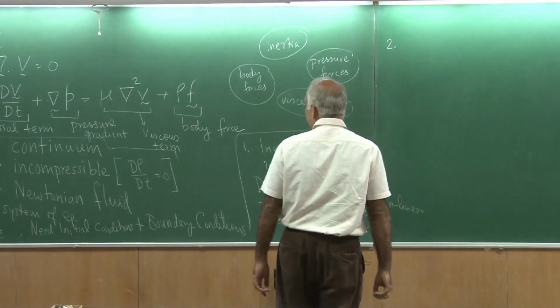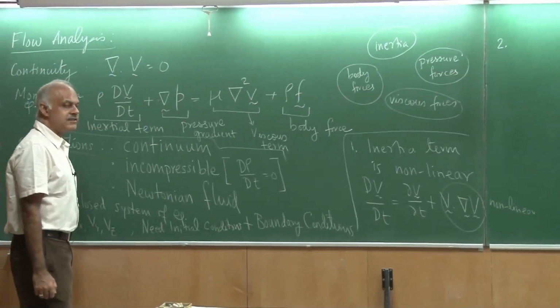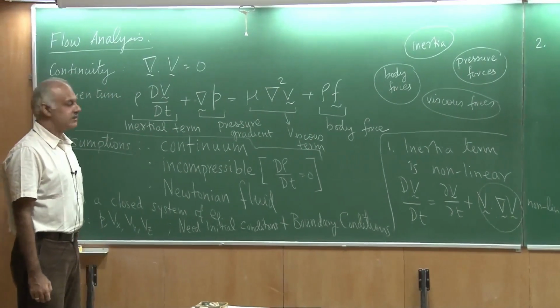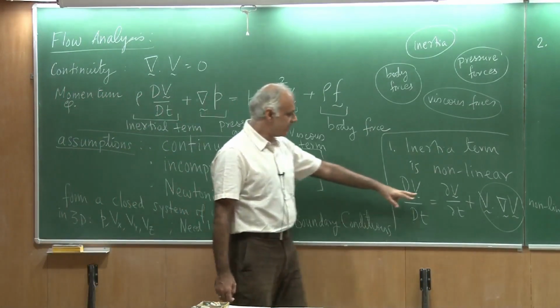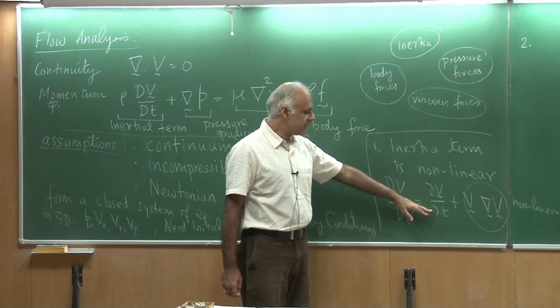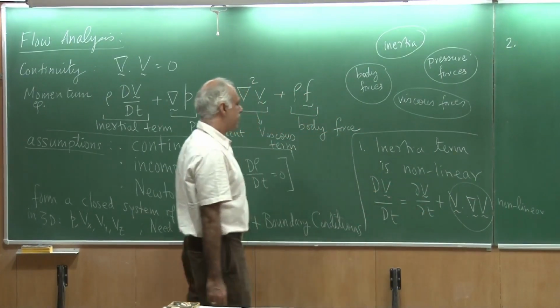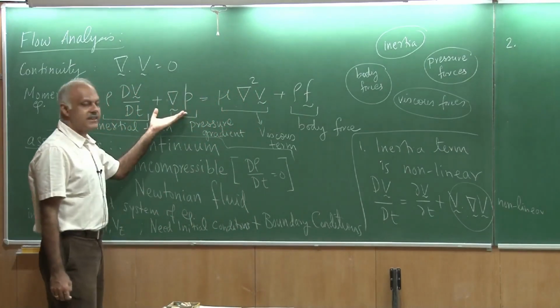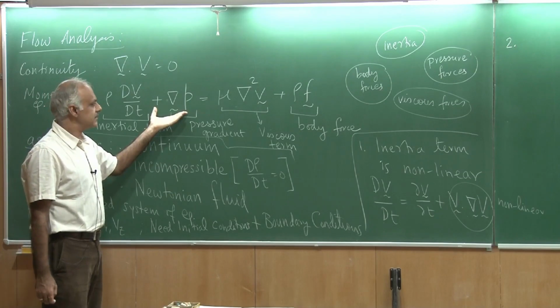The second aspect of this equation that I wish to draw your attention to is, let us look at the highest order derivative. So that is a first order derivative. You notice here, this is first order in time, and of course first order in space for velocity. What about the pressure gradient? Again first order in space.